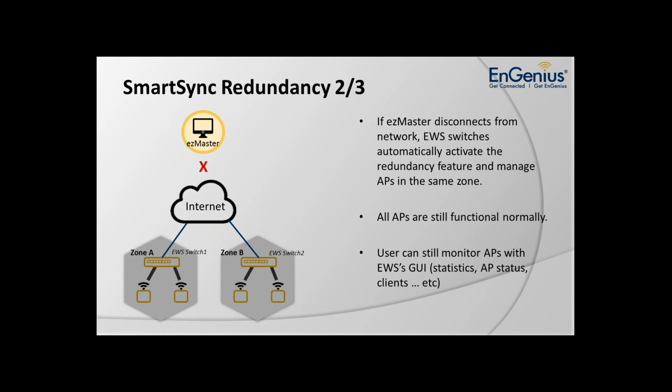So all access points will keep functioning normally, and there would be no problem. The whole network can just work continuously even when the internet is gone, or at least the connection to the ezMaster is broken.